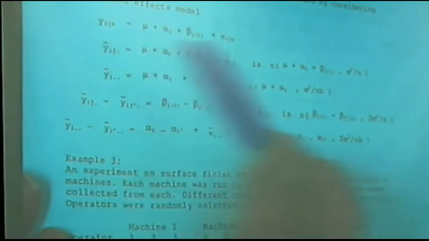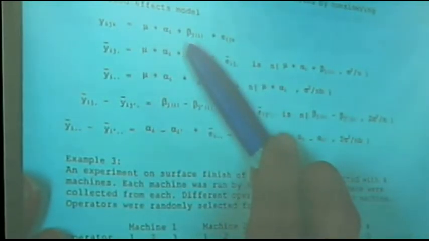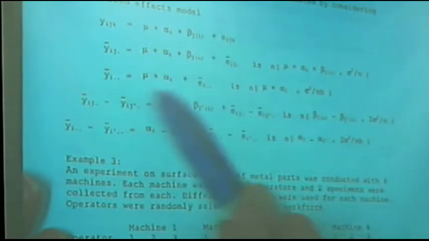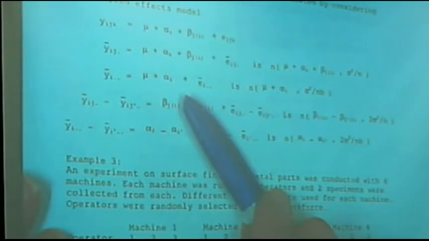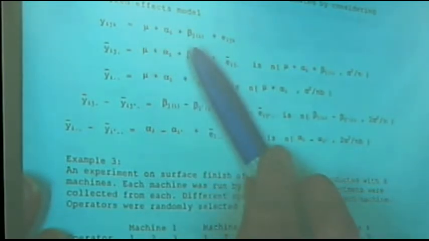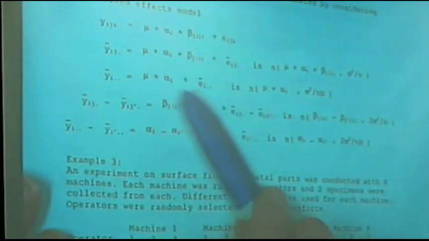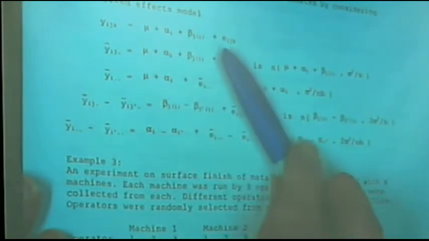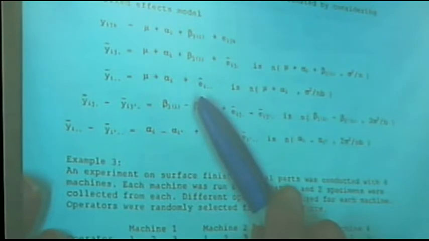So when I add these over j, the beta j's add up to 0. So that drops out. That's why it's not in here. So we have the mu retained, the alpha i retained, the beta j has summed to 0, so that's gone. And then we get the average of the e's, which I write that way.